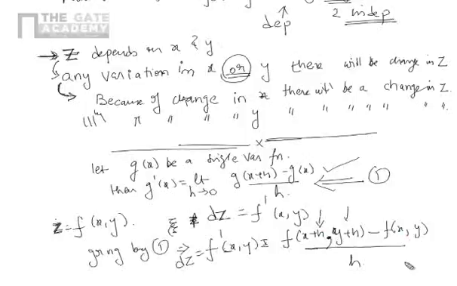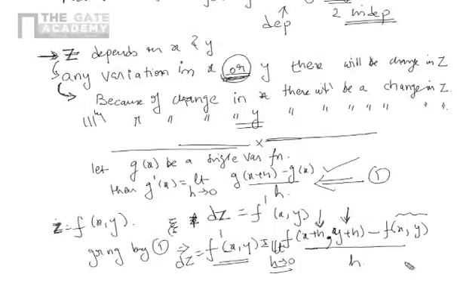For a small change in x and y, what is the change in f? That is what we are doing. So the assumption we are making is that both x and y are changing. But if we come back, what we saw, even if y is not changing, because this is or, correct?